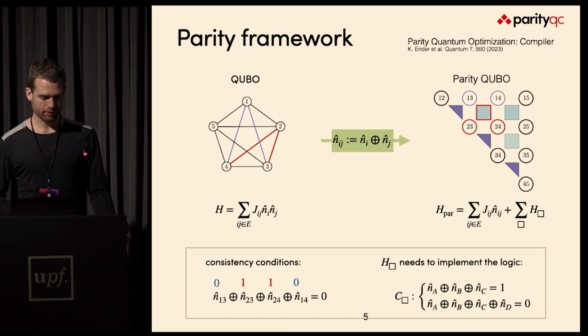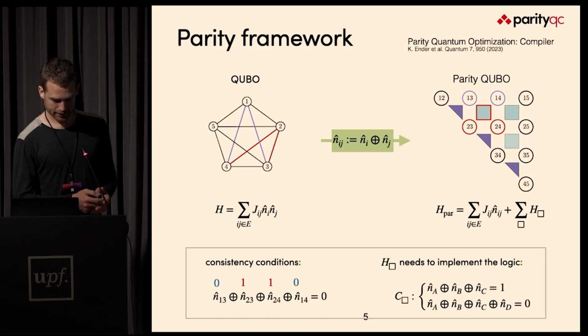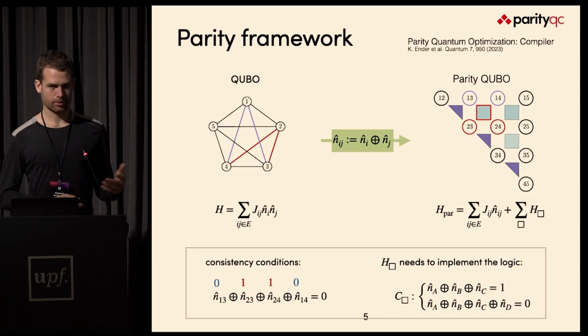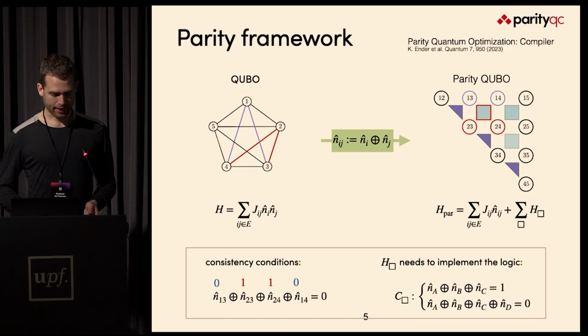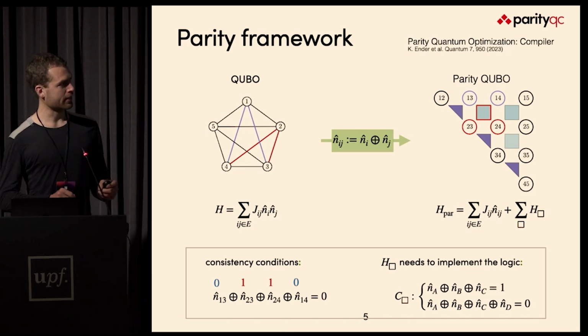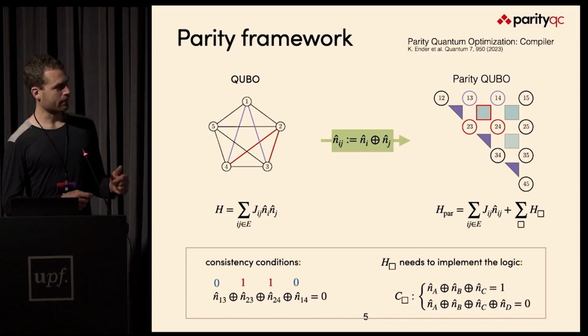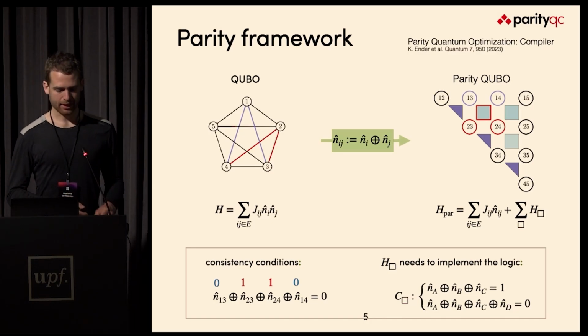The plaquettes or constraints that I was talking about before can be seen as consistency equations on the cycles in the QUBO graph. If you look at, for example, this cycle that is highlighted here with the blue edges between 1 and 4, 2 and 4, 2 and 3, and 2 and 1, this is a cycle in the logical QUBO graph. If you think about the relative orientation of these edges, it turns out that you can make these consistency equations. The red edge indicates that the qubits are in opposite orientations.